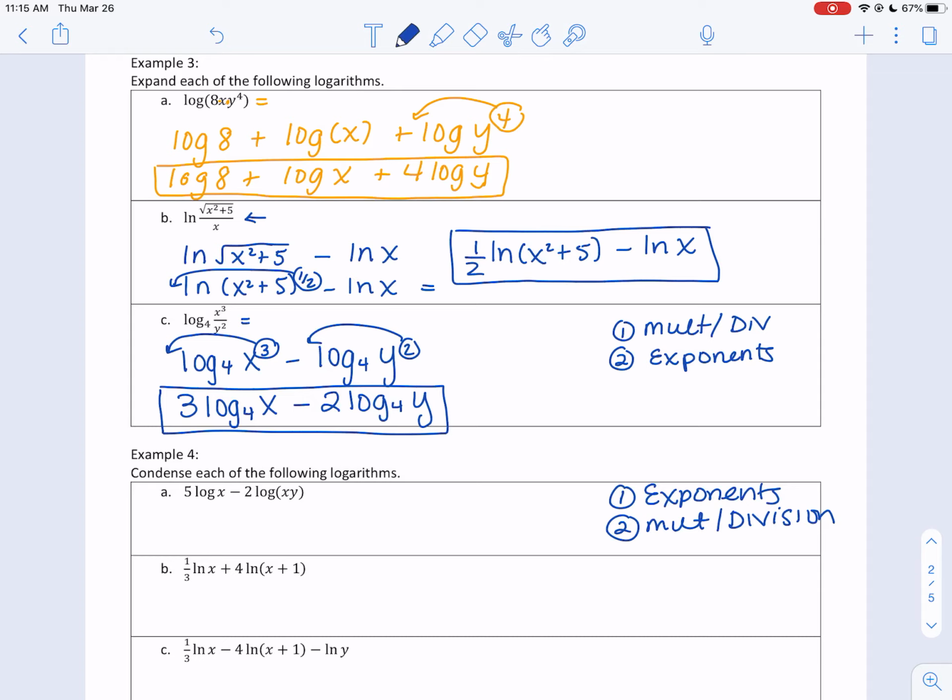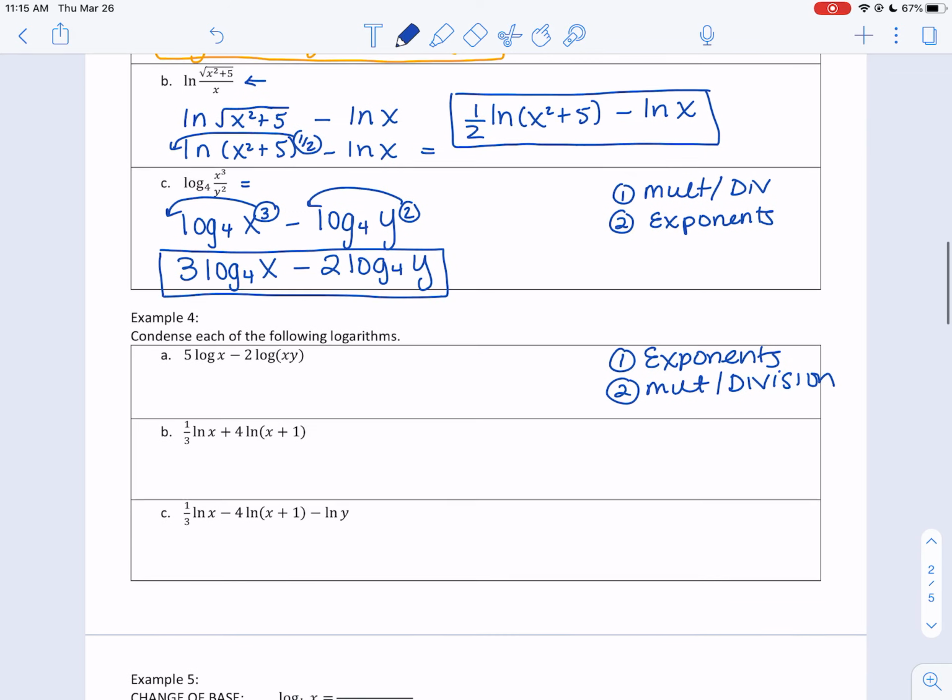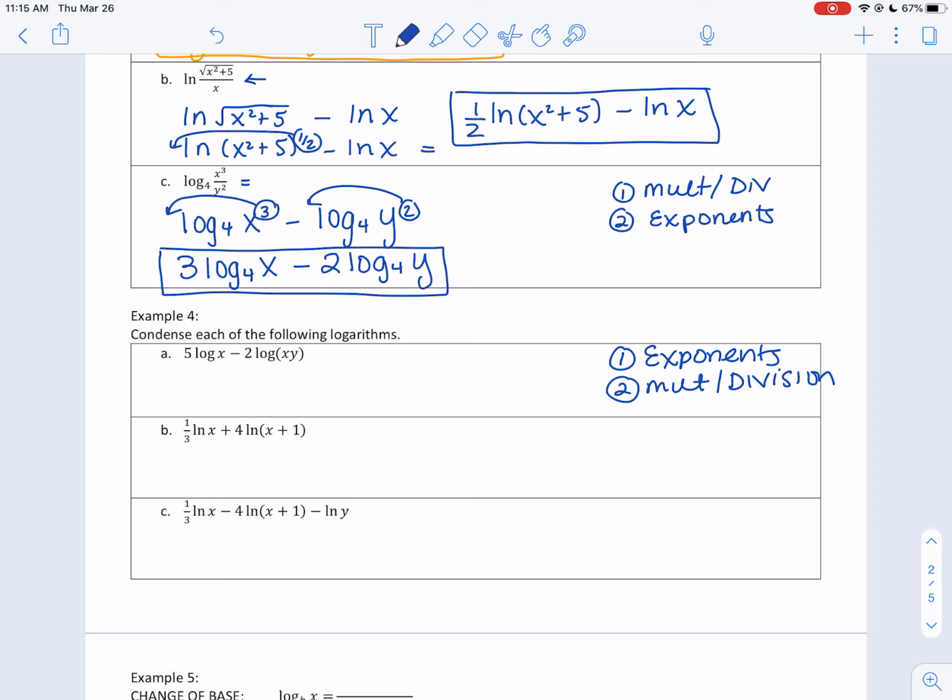So if I take a look at example A right here on this question, notice we're going to have to take these coefficients and move them back as exponents first. That means that we have log x to the 5th minus log xy squared.